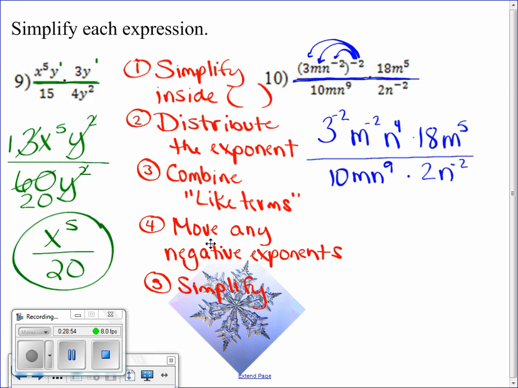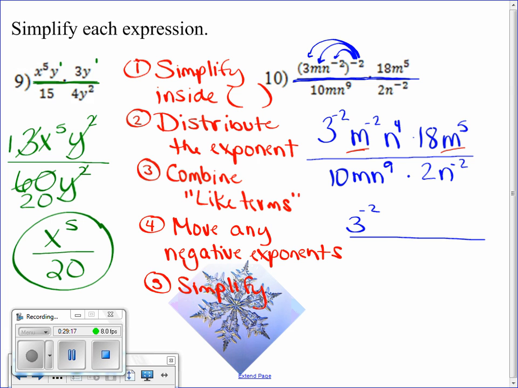All right, so next is combining like terms. So again, let's do the top, and then we'll do the bottom, and then we'll do it together. So on the top, what can I put together? I have m's, right? I can put those m's together. What's m to the negative 2 and m to the 5th?